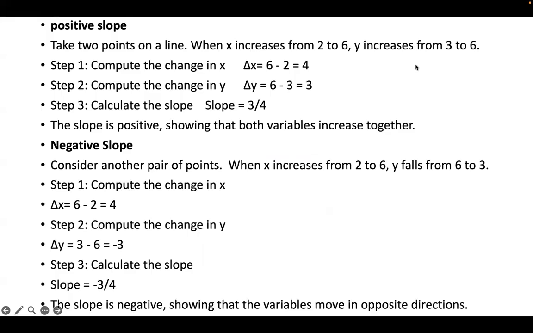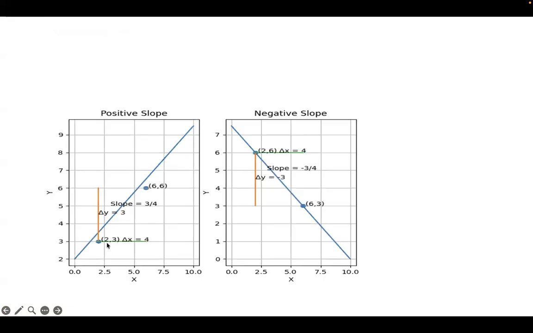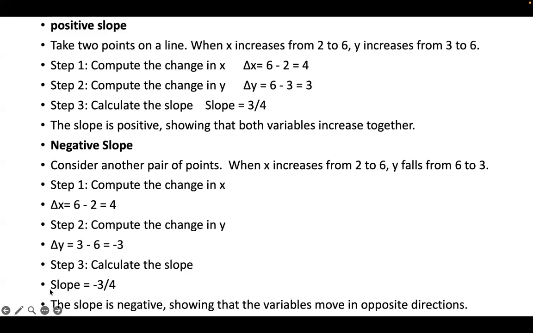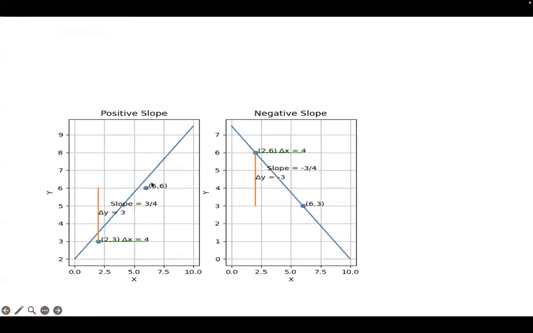Assuming the points, you just appreciate this line. We are saying that assuming x increases from 2 to 6, the first was 2, then increases to 6. But we are picking all on the x-axis. These are the coordinates.